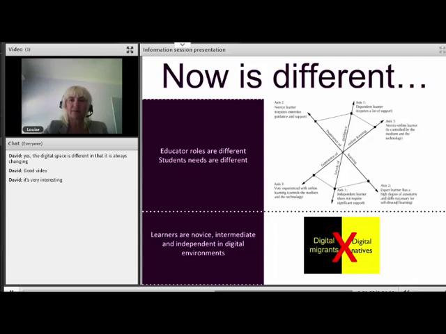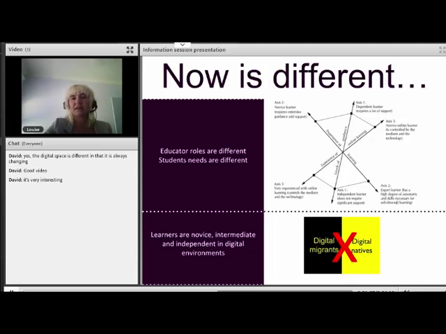Why is it that sometimes they just can't use digital teaching and learning environments? And the answer is that they might be independent learners, but they might not be independent users of technology or online learning. So it has nothing to do with intelligence, it's just the way that learners learn.